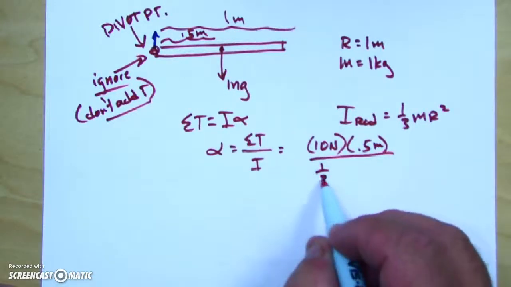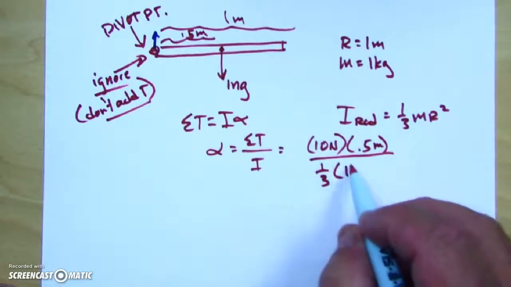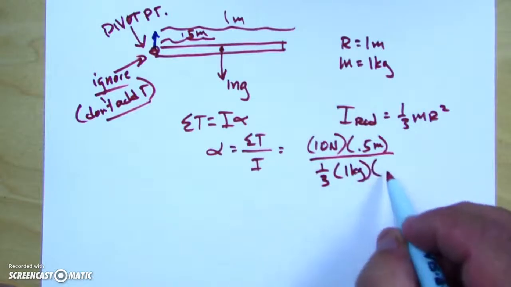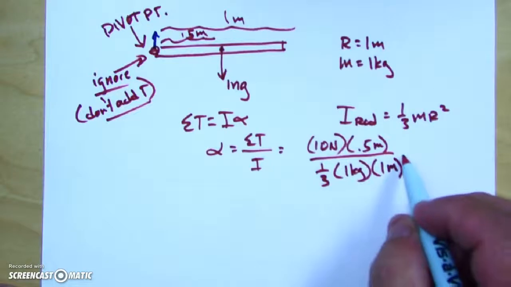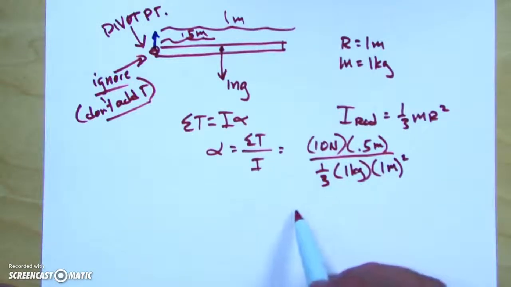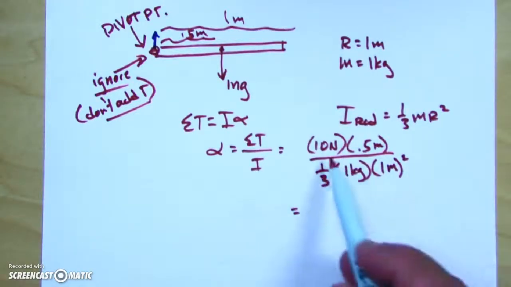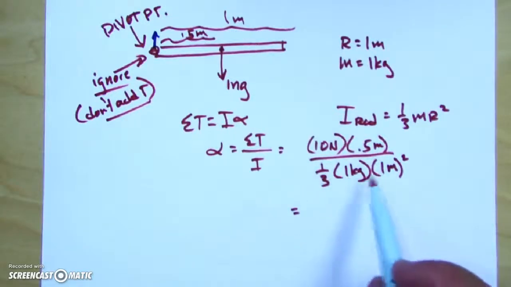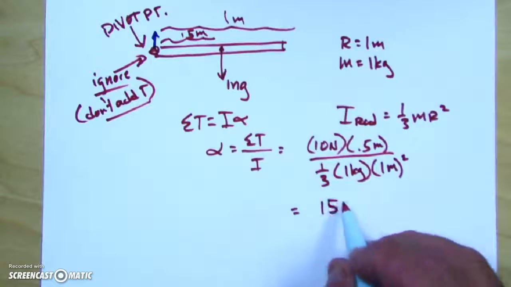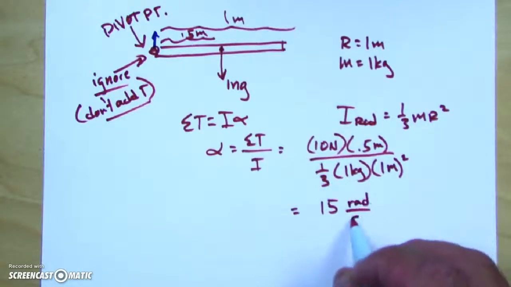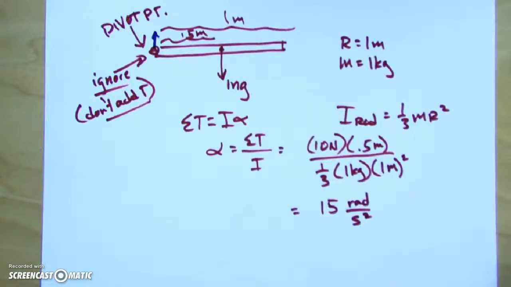Divided by 1/3. Well, the mass is 1 kilogram. R squared is the entire length of it, which is 1 squared. So I essentially have 5 divided by 1/3. 5 divided by 1/3 is 15 radians per second squared.